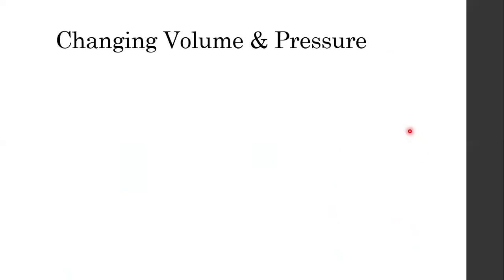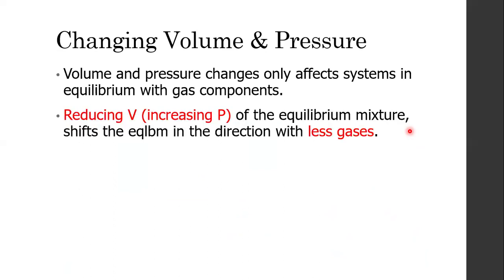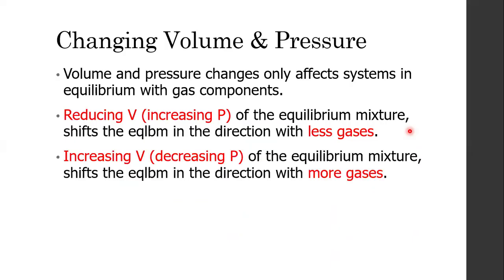Okay, so to summarize, the volume and pressure changes only affect systems in equilibrium with gas components, and reducing the volume or increasing the pressure of the mixture will shift equilibrium to the side with less gases, and doing the opposite would shift equilibrium to the direction with more gases.